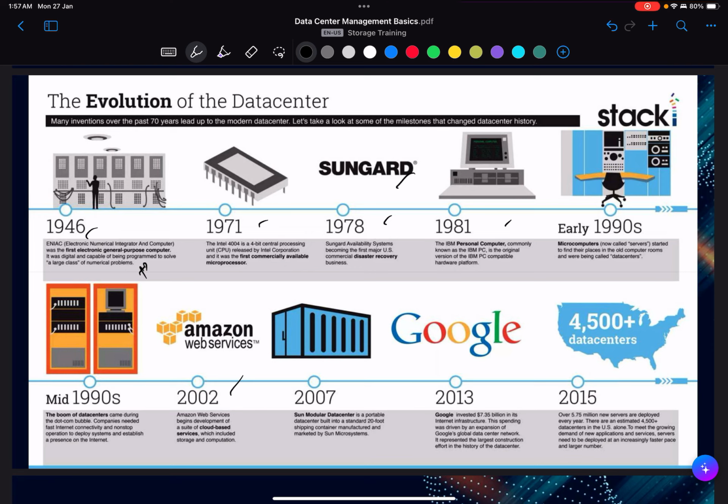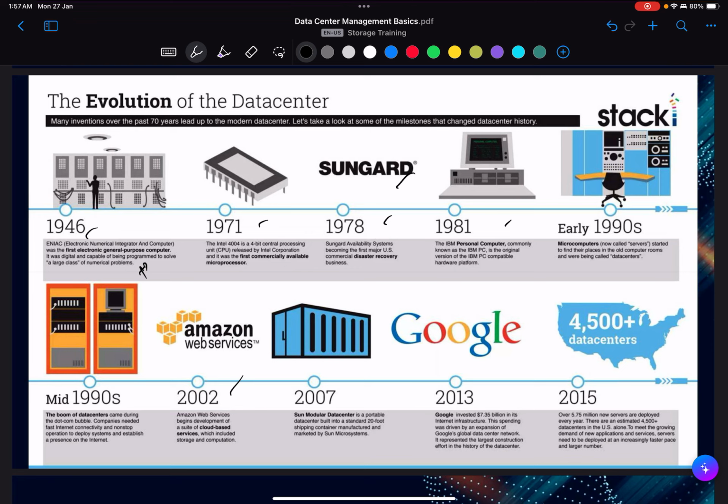Then 2013, Google invested 7.35 billion in its internet infrastructure. This spending was driven by an expansion of Google's global data center network. It represented the largest construction effort in the history of the data center.